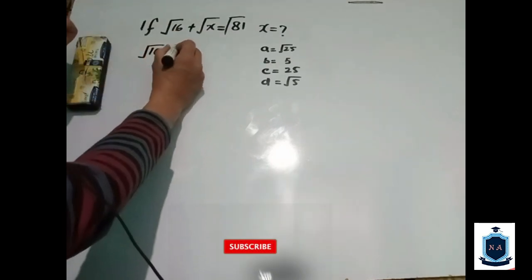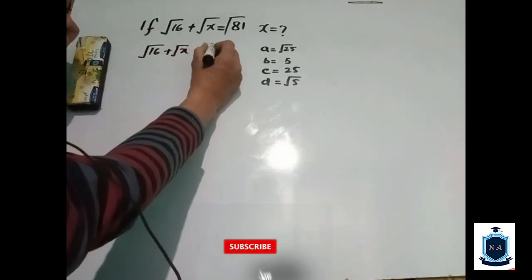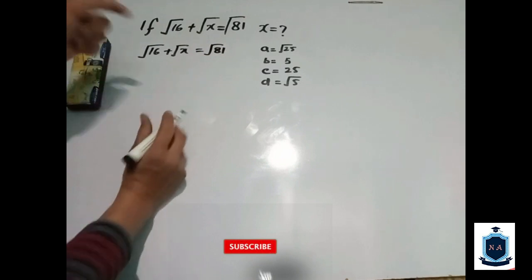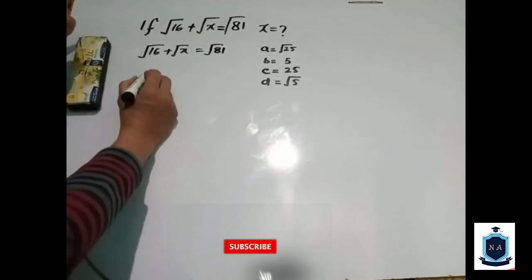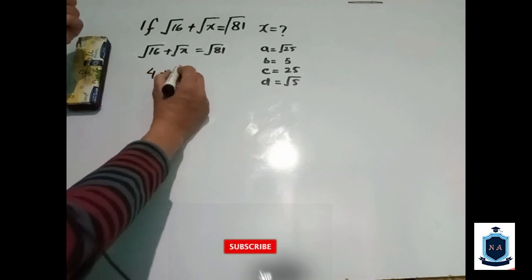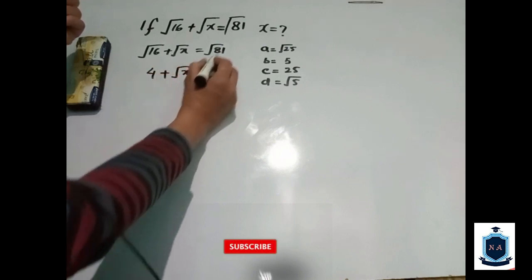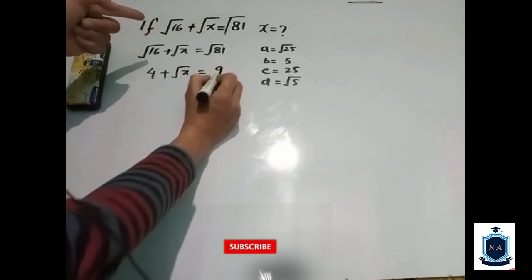If I write √16 + √x = √81, here you can see that √16 is equal to 4, plus √x. And √81 is 9.